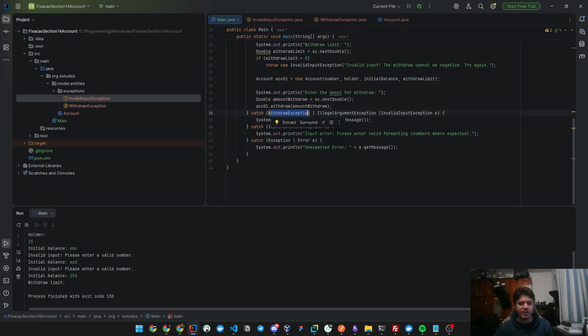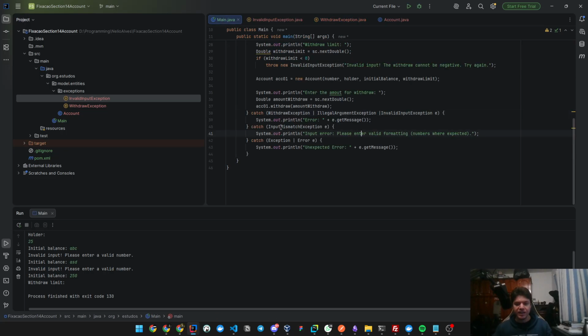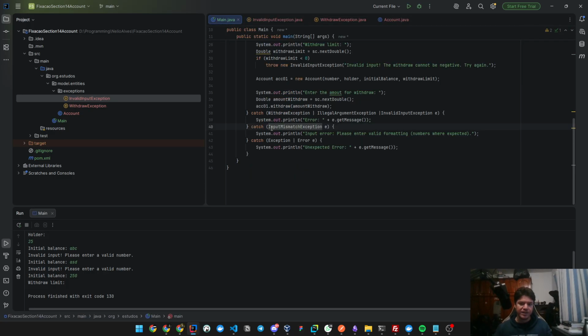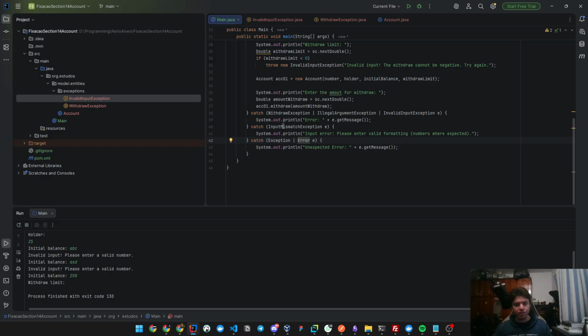Because withdraw exception, illegal argument exception, and invalid input exception are extended by the same runtime exception, and input mismatch exception is extended by another one, and that is something that we cannot add in the same validation here. Okay, and exception and error are extended by throwable, so they can't go in here and can't go in here too.